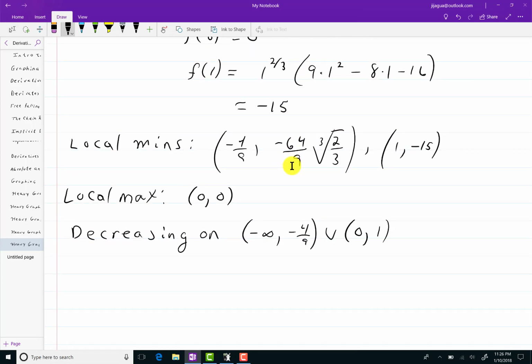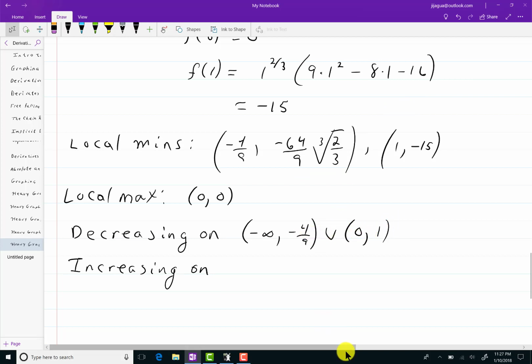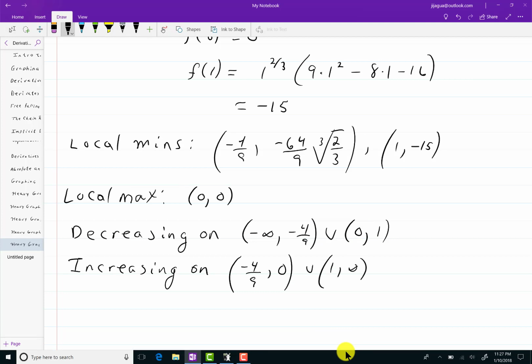And increasing on, well, what would be in between and around, so negative 4/9 to 0, union 1 to infinity. So I think that's about all we can do for the first derivative.